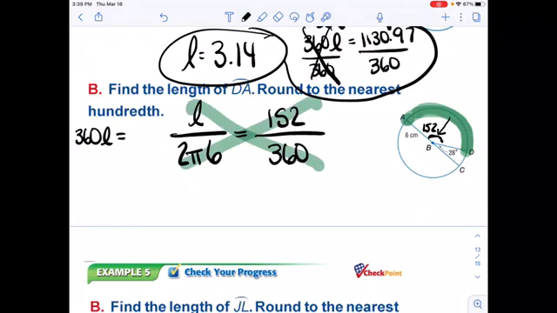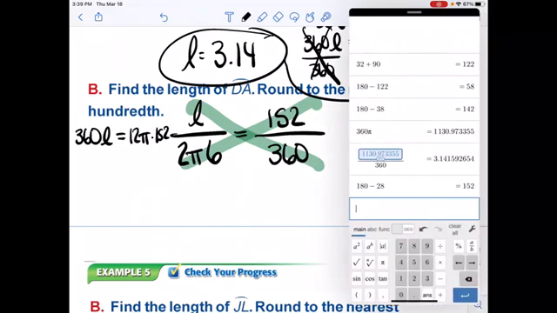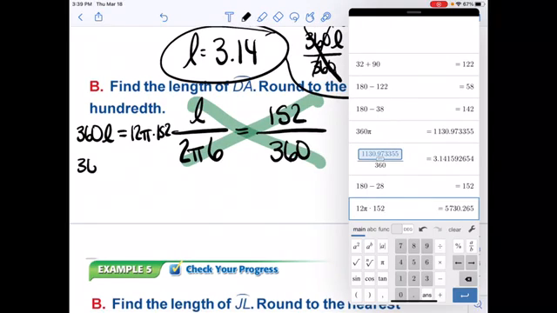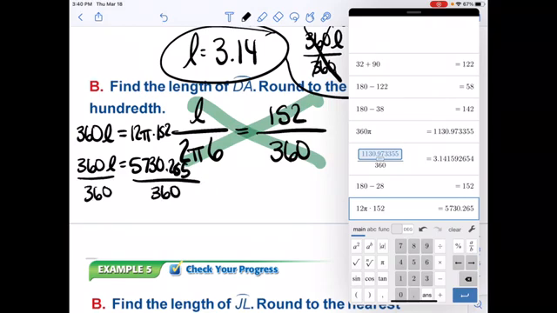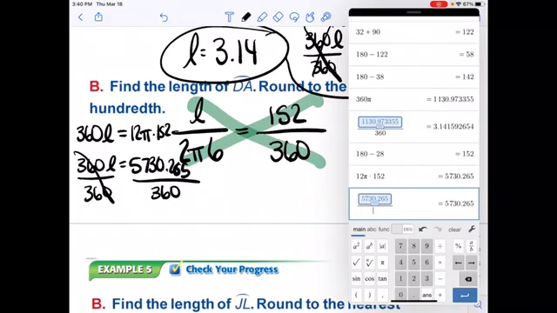Now you take 360L is equal to 12 pi times 152. So 12 pi times 152, and finish solving for your solution.